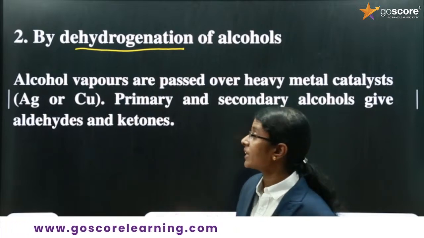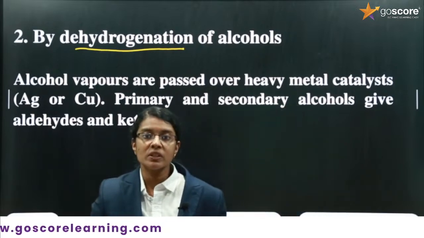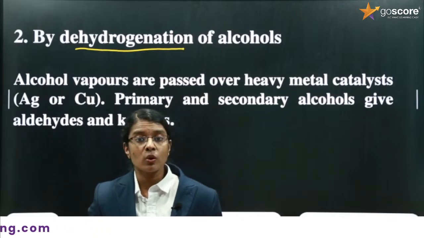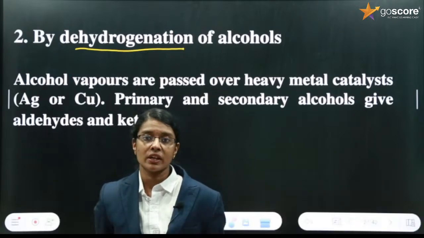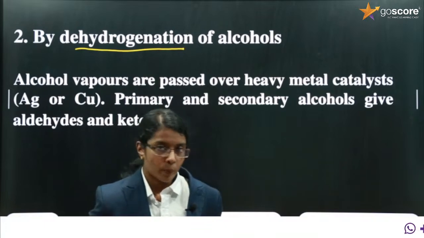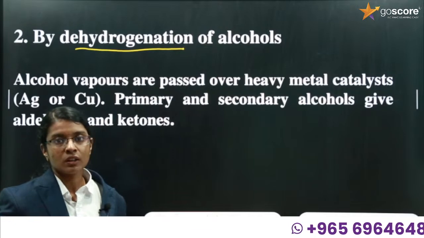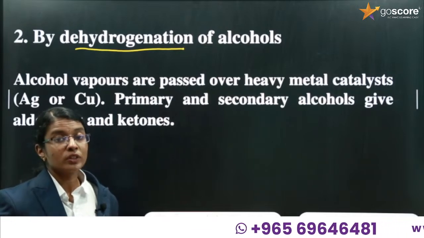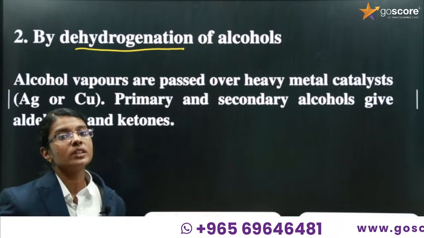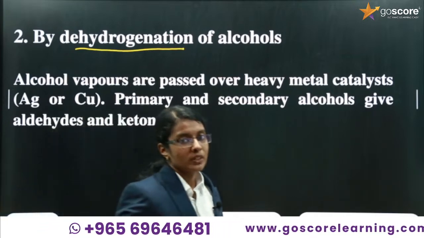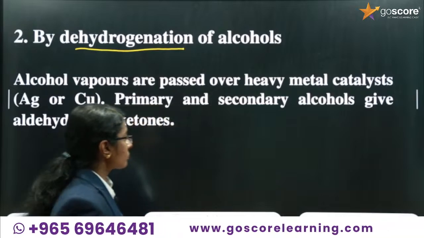So here we are taking alcohol vapors. Alcohol vapors on heating with heavy metal catalysts like copper and silver give the corresponding aldehyde or ketone. If you are taking primary alcohol, then you will get aldehyde. If you are taking secondary alcohol, you will get ketone.